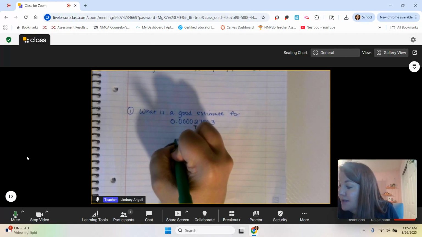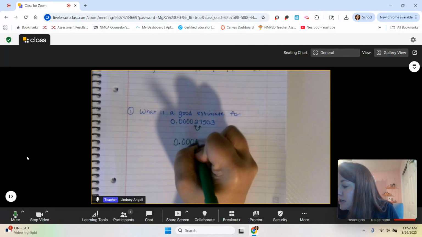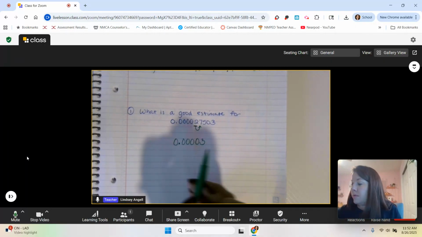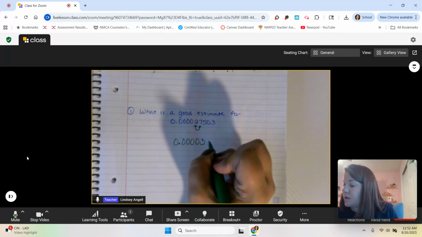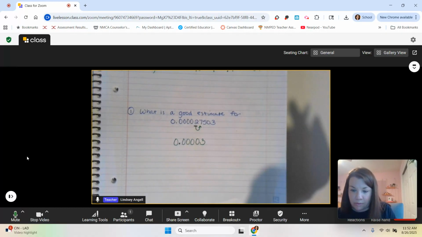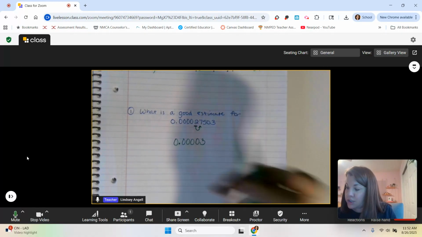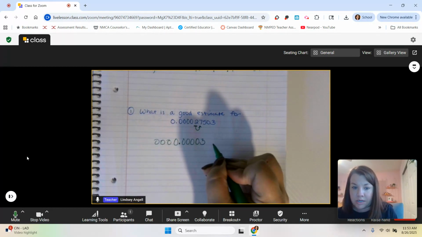And then everything else after that would become zeros, or in this case, we actually don't need to include them. We can just leave it like this. So the 2 gets turned into a 3, and everything else gets left off. I could put more zeros after there if I wanted to, but we don't need to. Just like on this side, I don't need to put a million zeros over here.